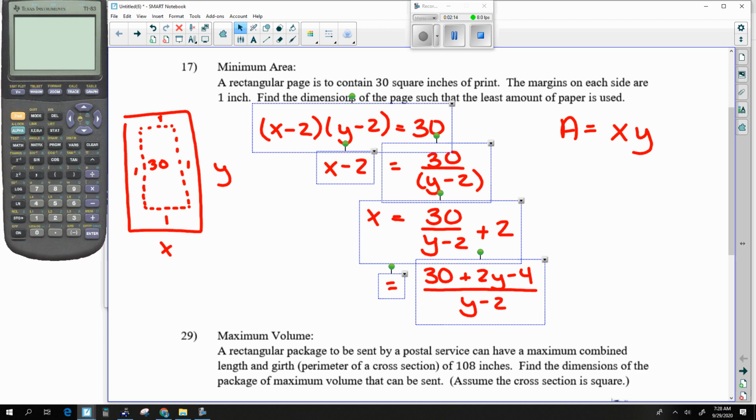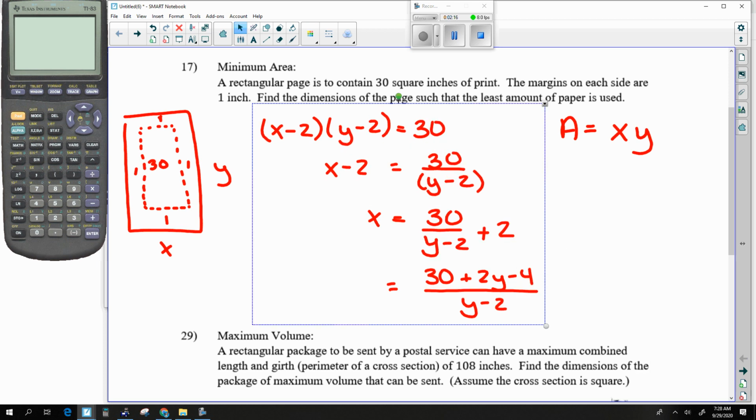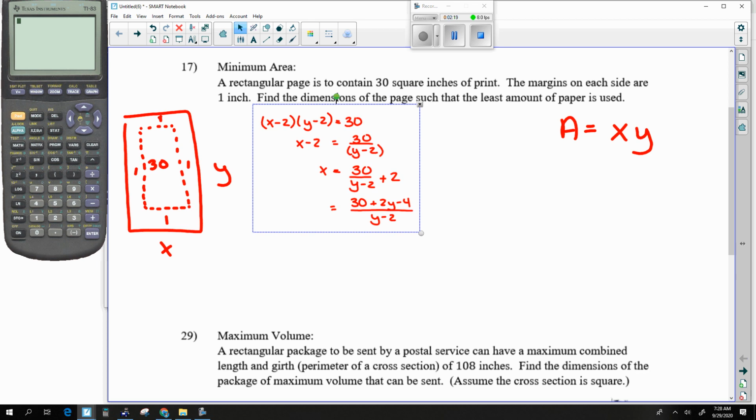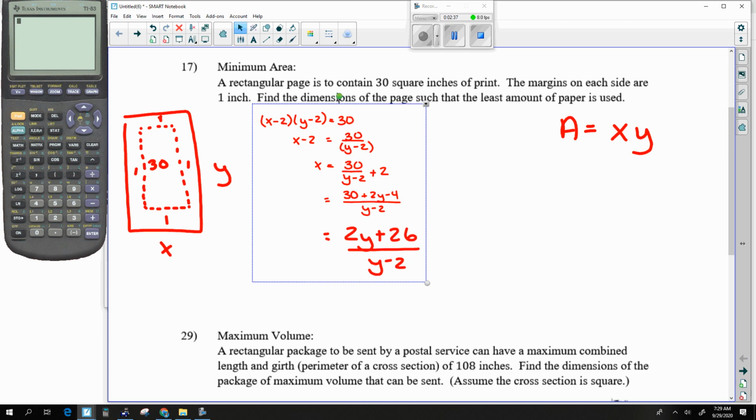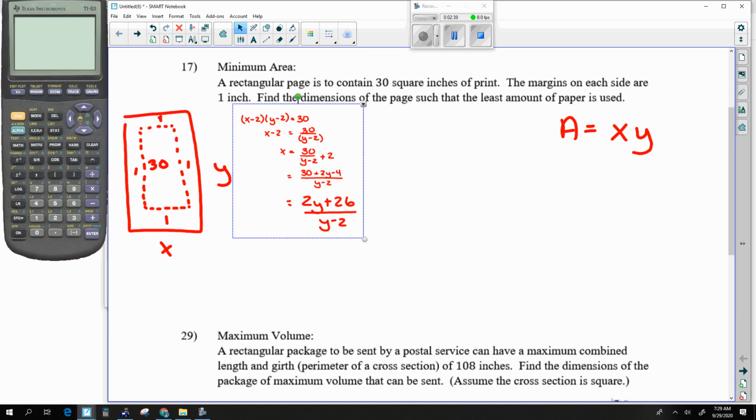Do just one more cleanup step on that. And so this is 2Y plus 26 all over Y minus 2. All right. That is that. Now we go ahead to the calculus portion of this problem. And that is the area.